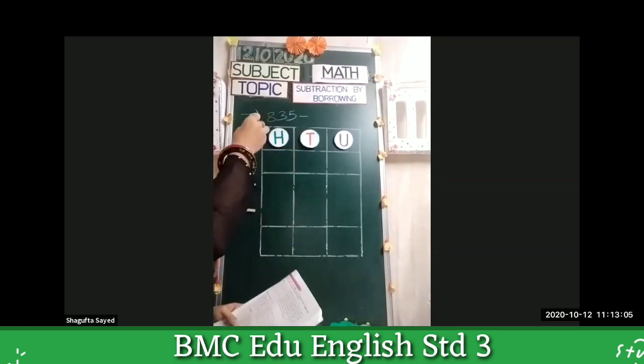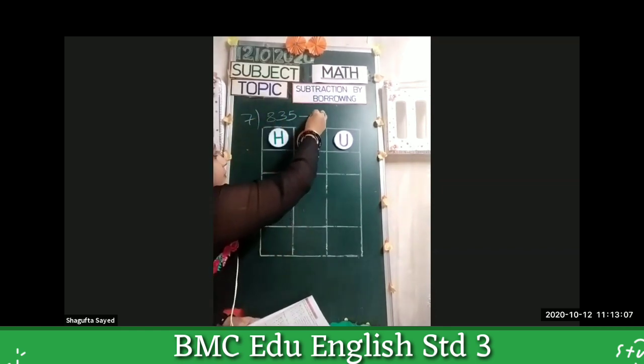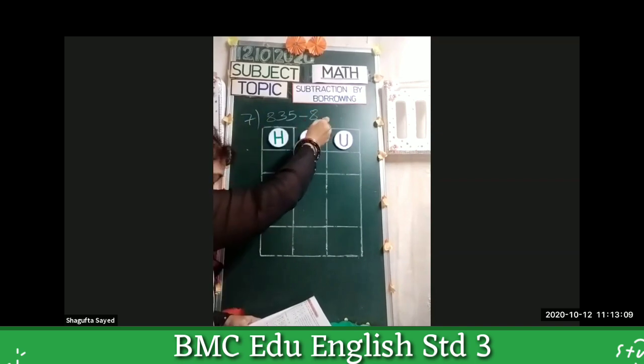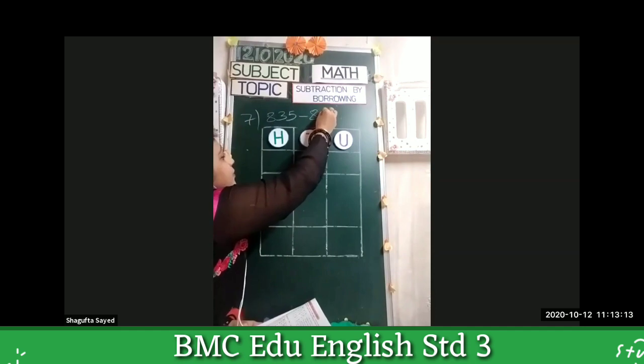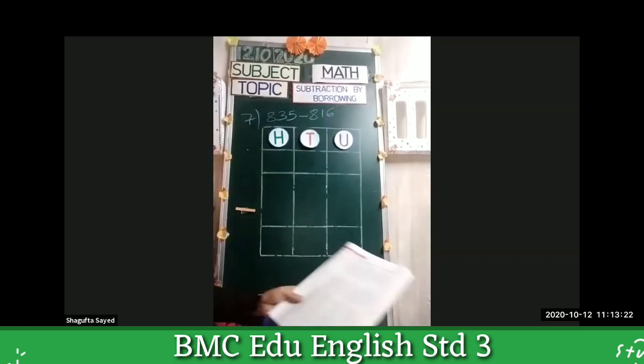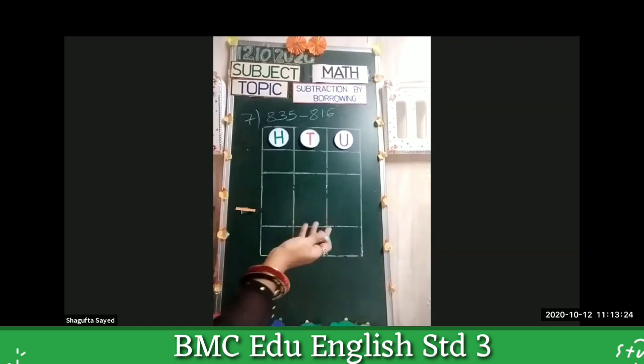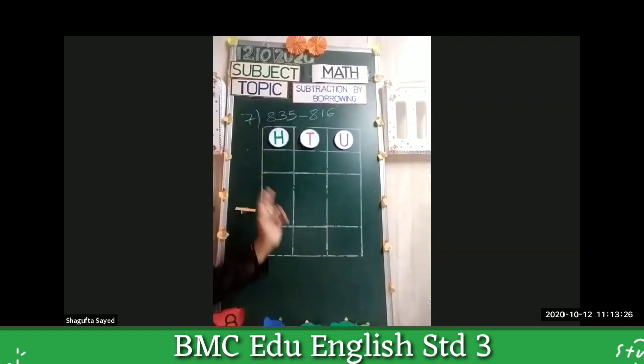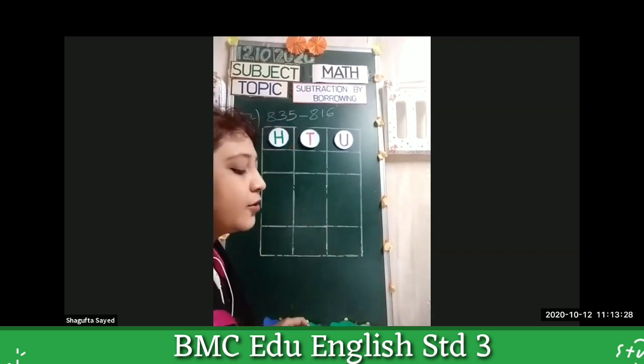835 minus 816. Okay, now again you all know that it is unit, tens and hundred. So now I'm not writing unit, tens and hundred.